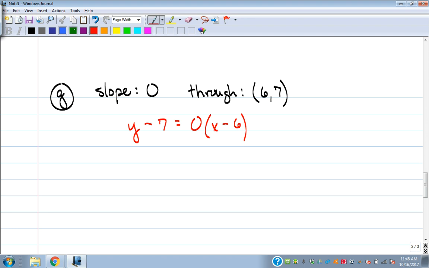All that side is going to cancel out. It's actually going to look like this: y minus 7 is equal to 0. Because 0 times anything over here is going to be 0, because the slope is 0. So you're not going to do the plus on both sides? If we were going for slope-intercept form, yes. But since we're asked for point slope form, we'll stop right there. Okay.